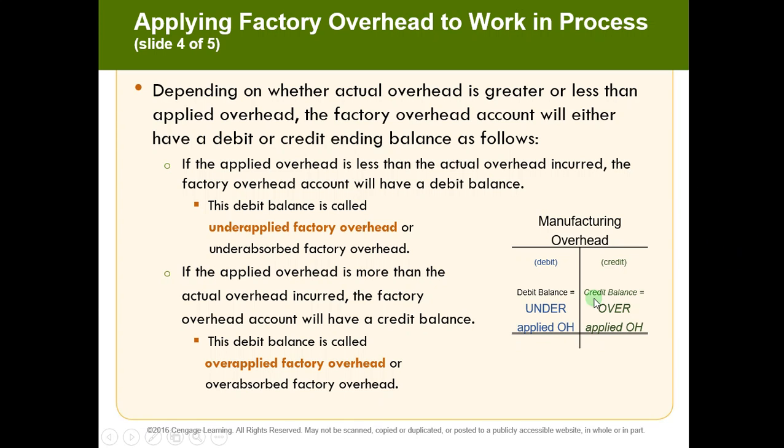All right, so on the debit side, this is actual expenses. This is what I've actually paid out of pocket for utilities and everything else. If I have allocated based on my estimated predetermined rate, I've allocated out to all of my jobs.